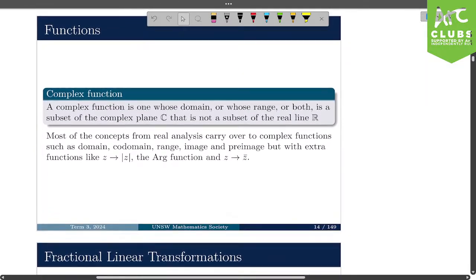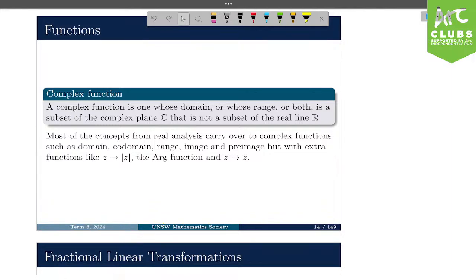So, all right. So we now move on to functions. So what is a complex function? A complex function isn't necessarily just a function that maps A to B, where A and B are subsets of the complex plane.